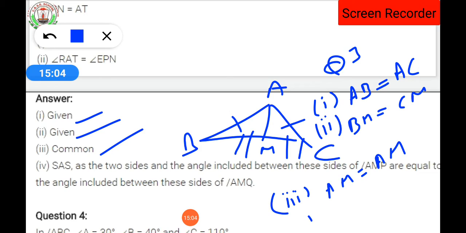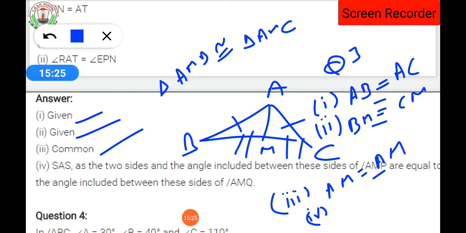Now the last part asks that if the two triangles are congruent, by which property they will be congruent. So we can say that triangle AMB is congruent to triangle AMC. By which property? Here we can see that three sides are given, isn't it? Three sides are given, and we can conclude that AM acts as an altitude and it is common, so it will make an angle of 90 degrees there, or any angle if suppose it makes.